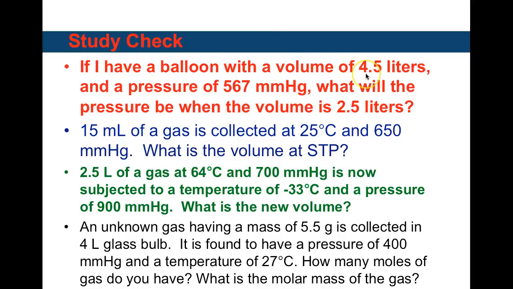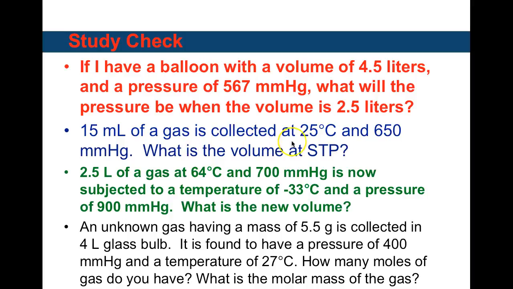So P1 is 567, times V1, 4.5 liters, is equal to P2, which you need to find, times V2, which is 2.5. So 567 times 4.5 divided by 2.5, and you should get the answer in millimeters of mercury.